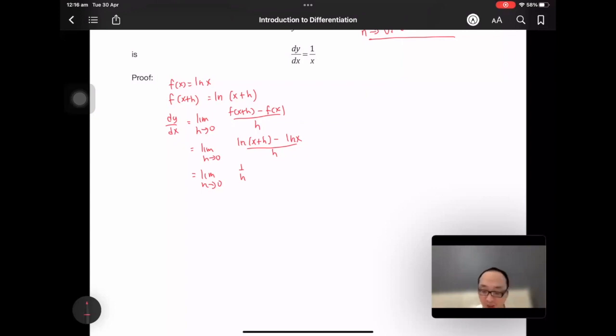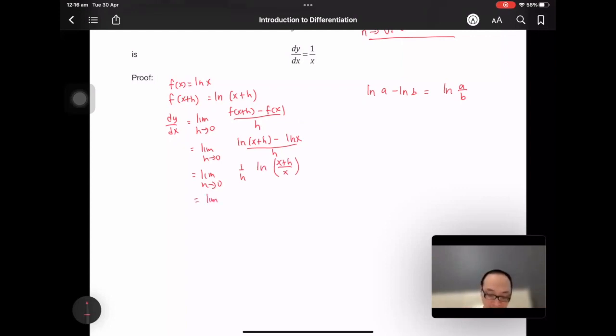If you remember the rules of logarithm, when we have ln a minus ln b, we will have ln(a over b). So we can combine ln(x plus h) minus ln x to become ln((x plus h) over x).